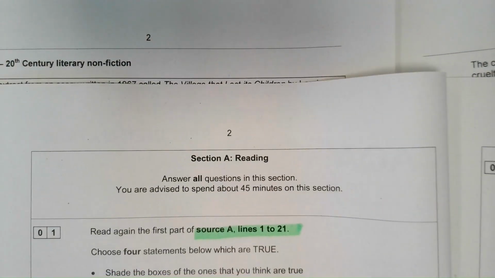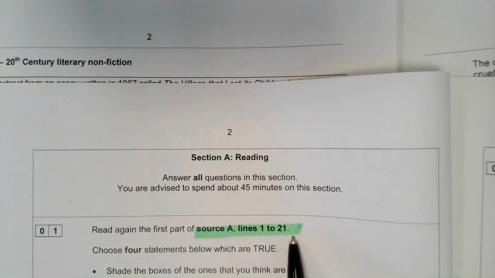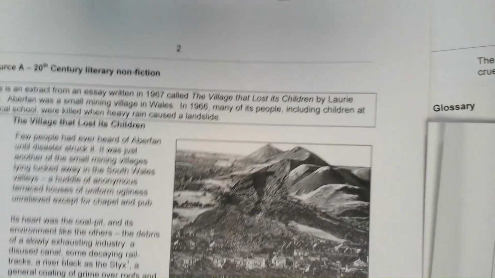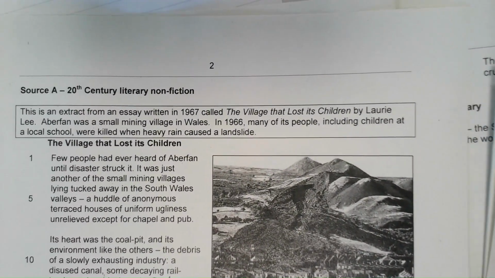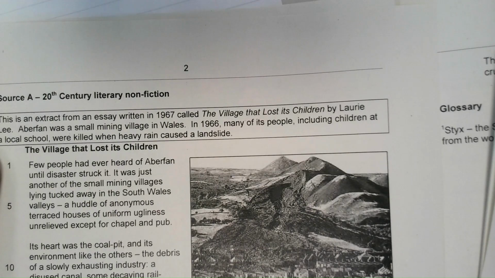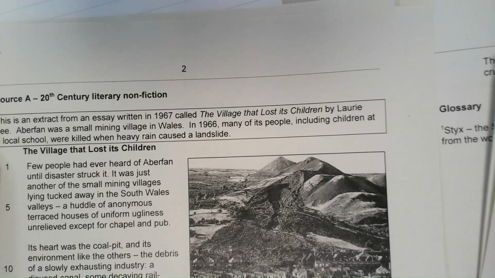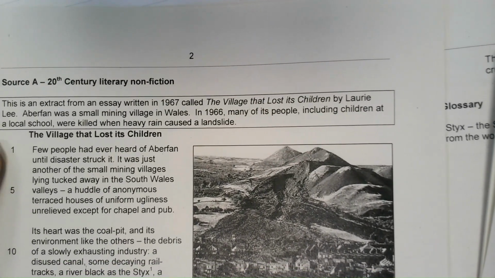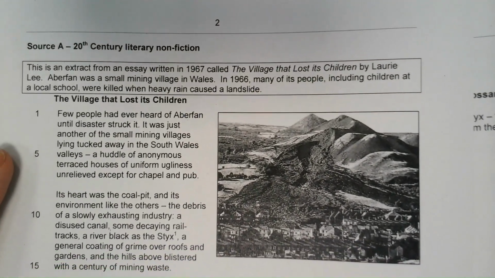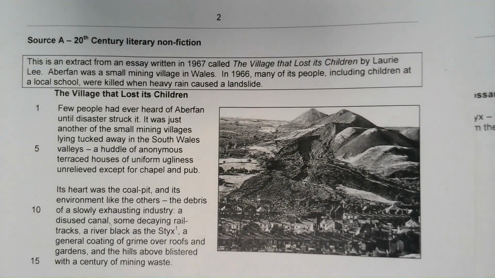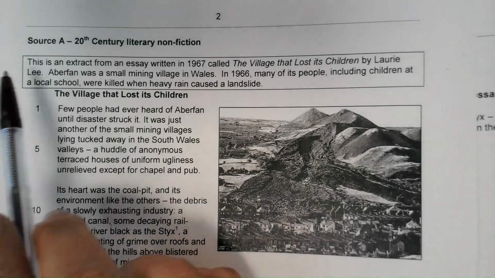So question 1 is based on source A, lines 1 to 21. And so I'm going to start with source A. Source A is a 20th century literary non-fiction. So this means that everything that happened in this text is factual, it's not made up.